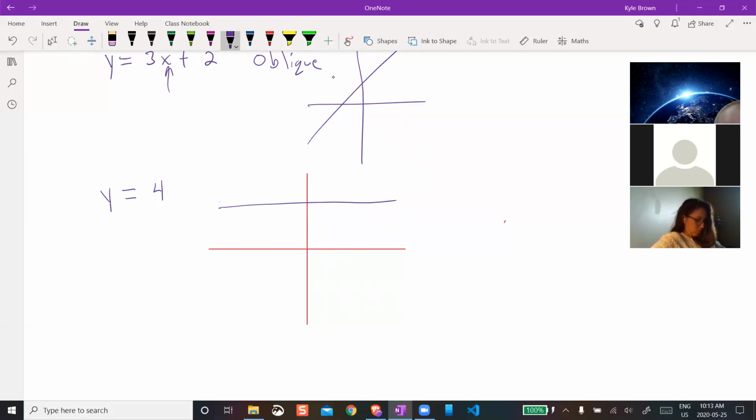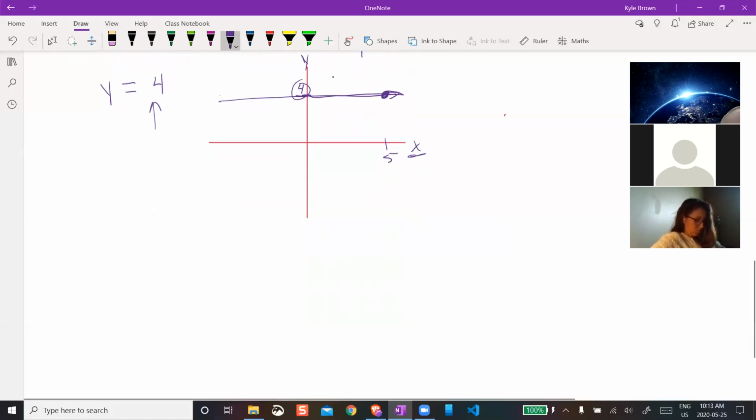This is your y value, and that's your x value. Your y value is stuck at 4 everywhere. So no matter what x is, x could be 5, doesn't really matter. X isn't even involved here. Your y value is going to come out to 4 no matter what. So that'd be a straight line on the horizontal.